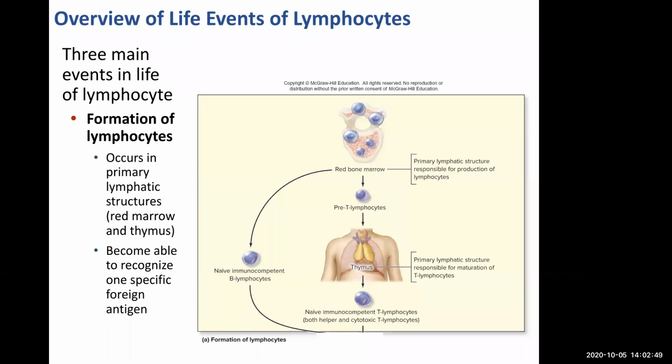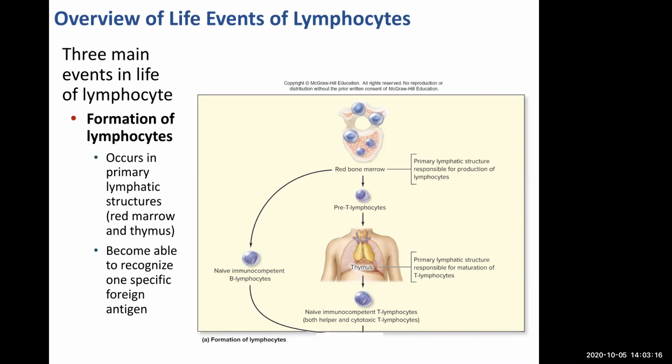When we talked about lymphatic structures as being surveillance tissue, what you find in them, especially in someone very young, are a bunch of naive, immunocompetent T cells and B cells. They're able to recognize their antigen, but they've never seen it yet. And there are some important implications for that.